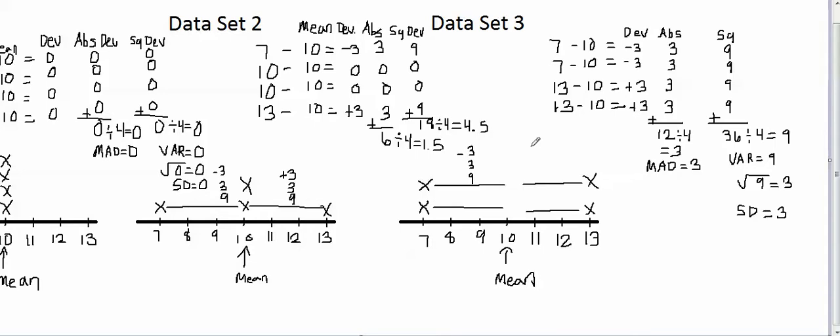Go to the second 7, put its deviation first, its absolute deviation, and its squared deviation of 9. Do 13. 13 has 3, 3, and 9. Well, plus 3. The deviation says plus 3 to show that it's 3 above the mean.